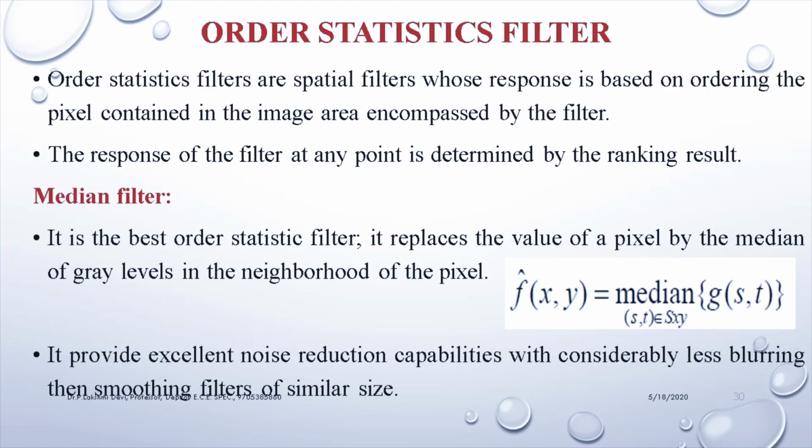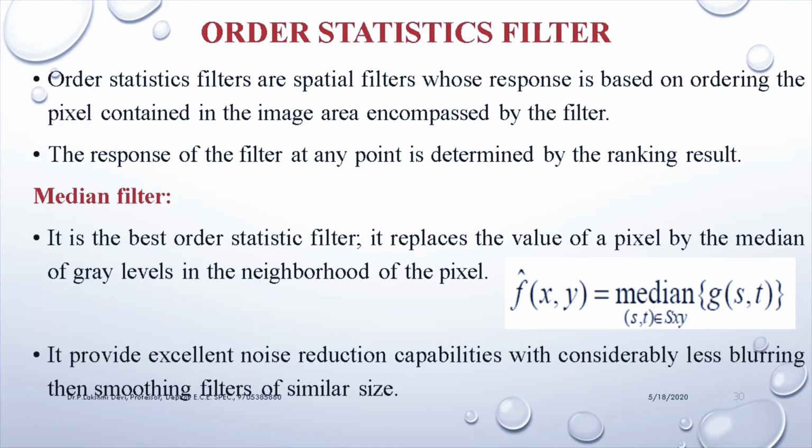That means based on the ordering of the pixel values present in a chosen subimage, we are going to extract the quality of images through these order statistic filters. That's the reason these filters are named order statistics filters.